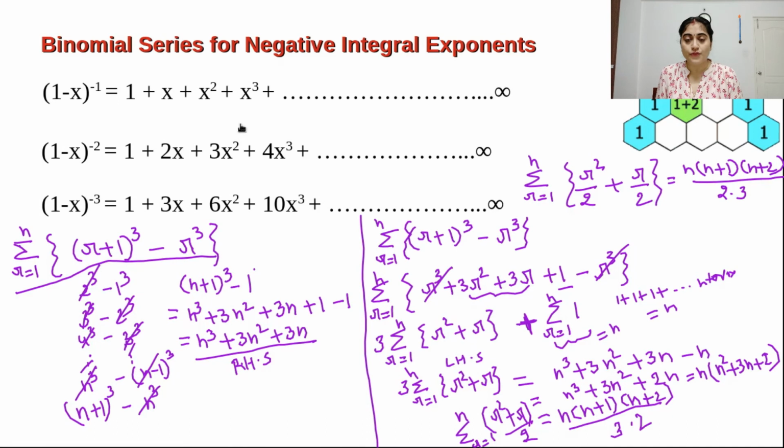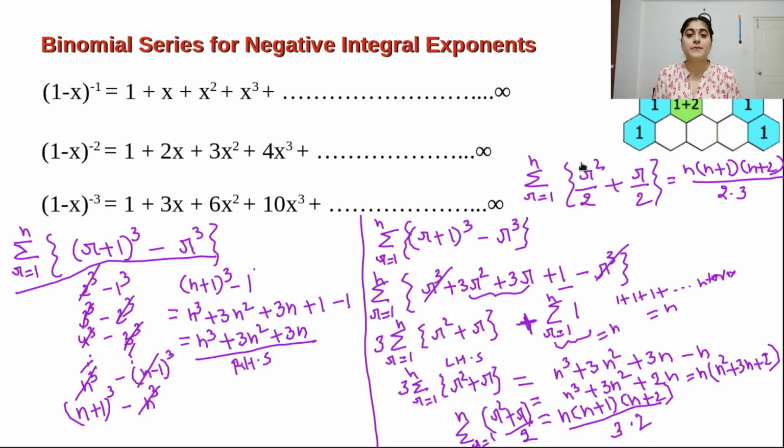So what is the coefficient of x cube? The coefficient of x cube will be n into n plus 1 into n plus 2, divided by 2 into 3. It keeps on increasing for the coefficient of x4. So we can see the pattern of the coefficient of x, x square and x cube. Similarly I can write the expansion of this complete series.